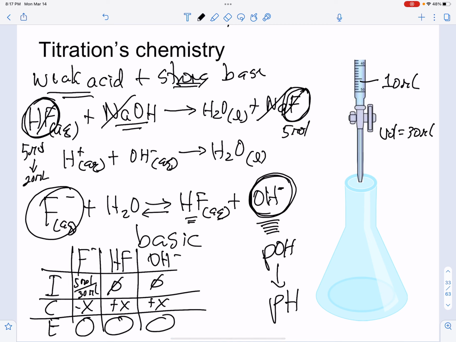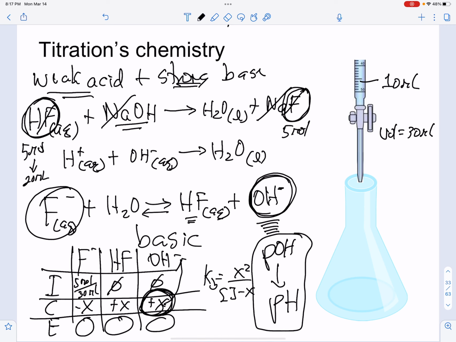This is a base, so then you can do Kb equals X squared over the concentration minus X. And then you can work your magic until you find how much X is, and from there you can find the pH.